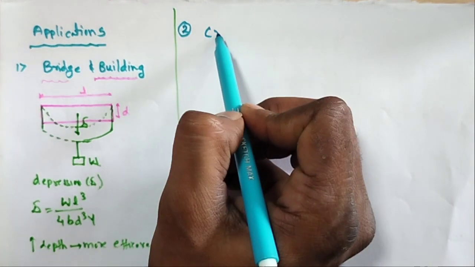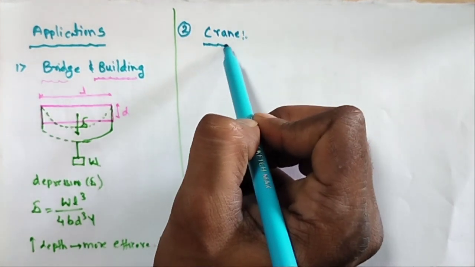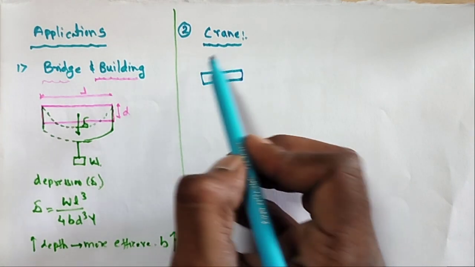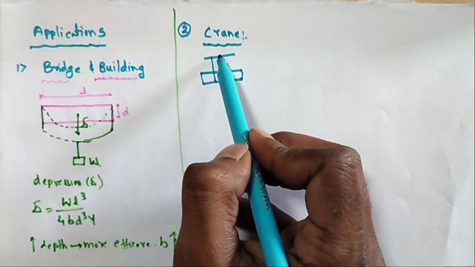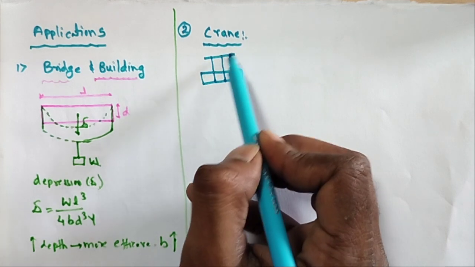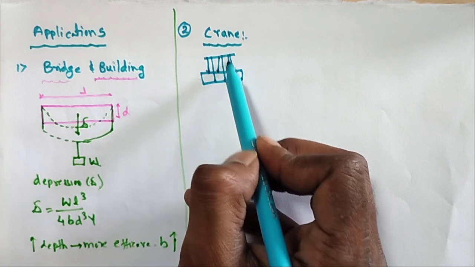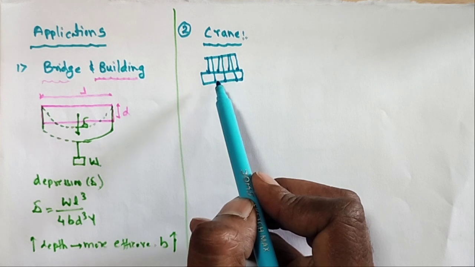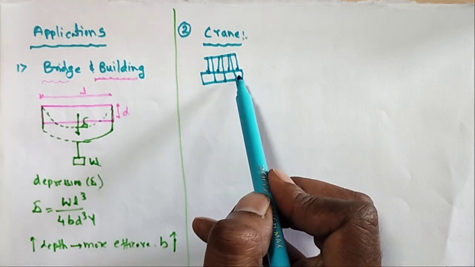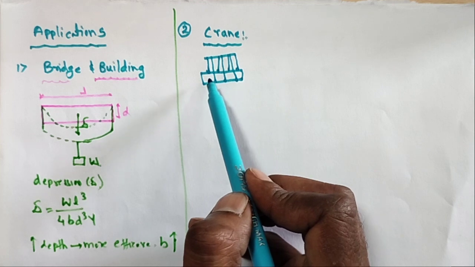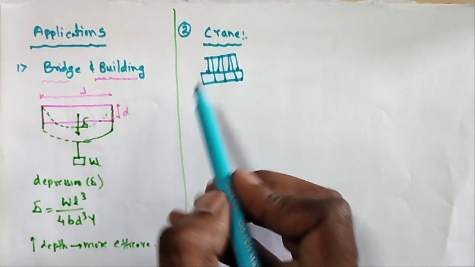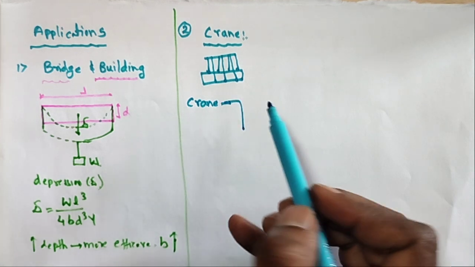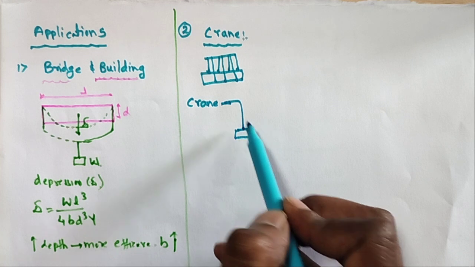Second one, cranes. We know that ropes are hung from cranes. When these ropes are lifting up weights, their elastic behavior matters. Suppose one crane wire is lifting a load.